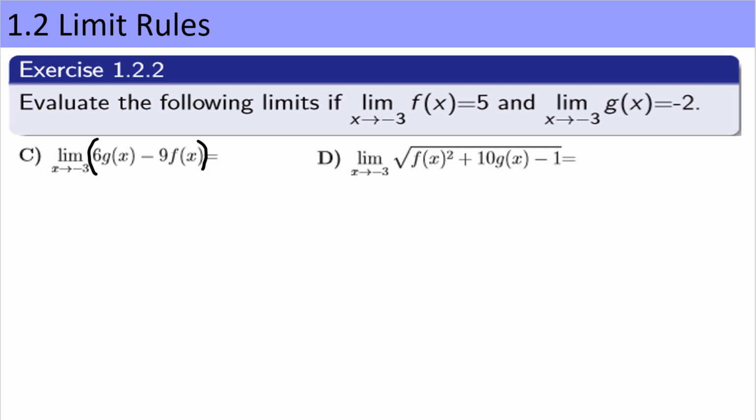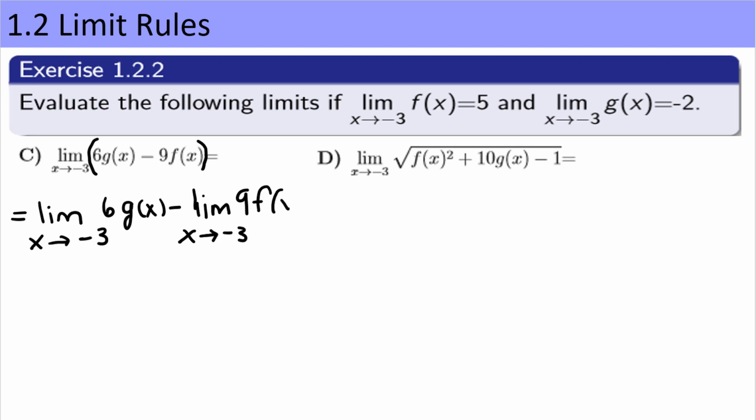Let's first separate this into a difference of two limits, so we can write this as the limit as x approaches -3 of 6 times g of x minus the limit as x approaches -3 of 9 times f of x.